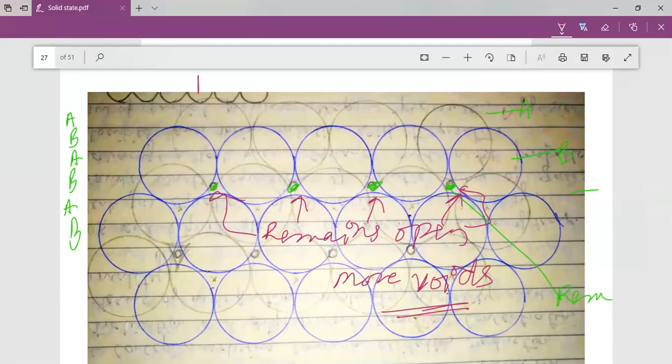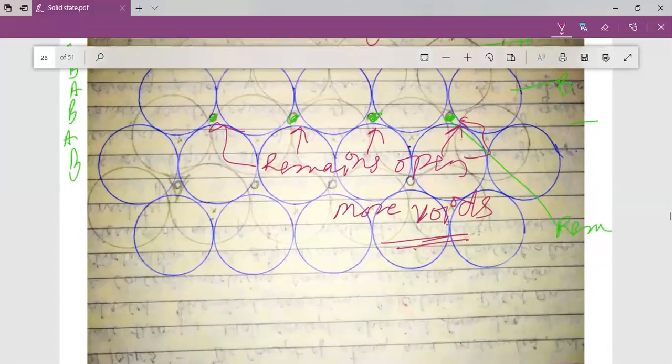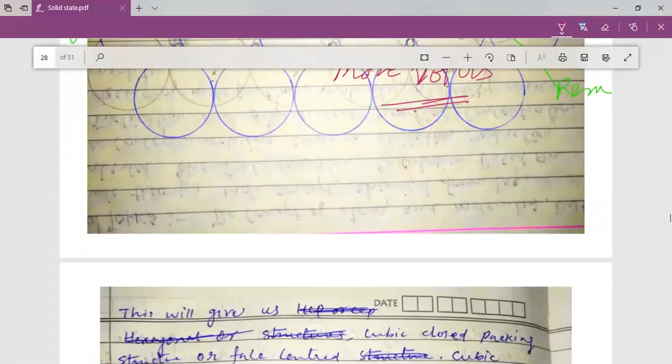So my dear students, we can say that packing efficiency is inversely proportional to the voids. It simply means that the more the voids, the less the packing efficiency.